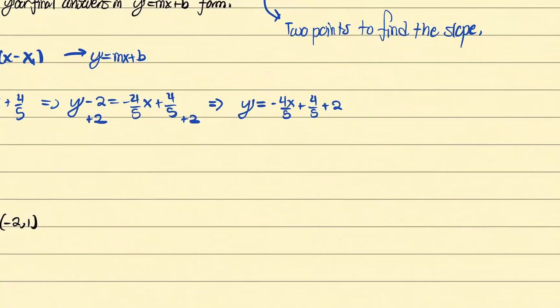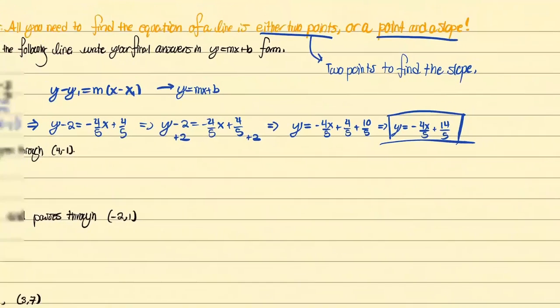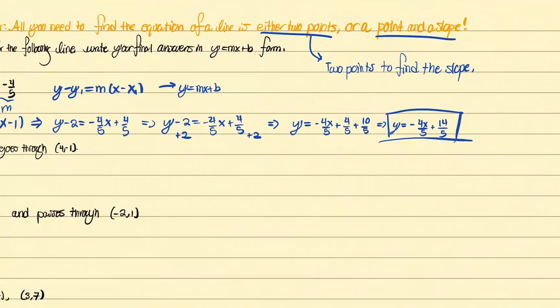What I need to do is write 2 as a fraction involving 5. So what I'm going to do is rewrite this 2 as 10/5. That's the same thing as 2, but now I can add these two fractions. And that is our equation of a line in y equals mx plus b form.